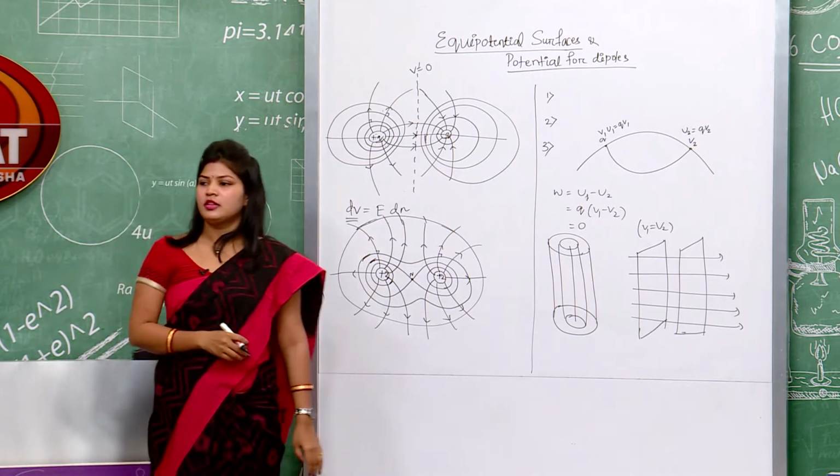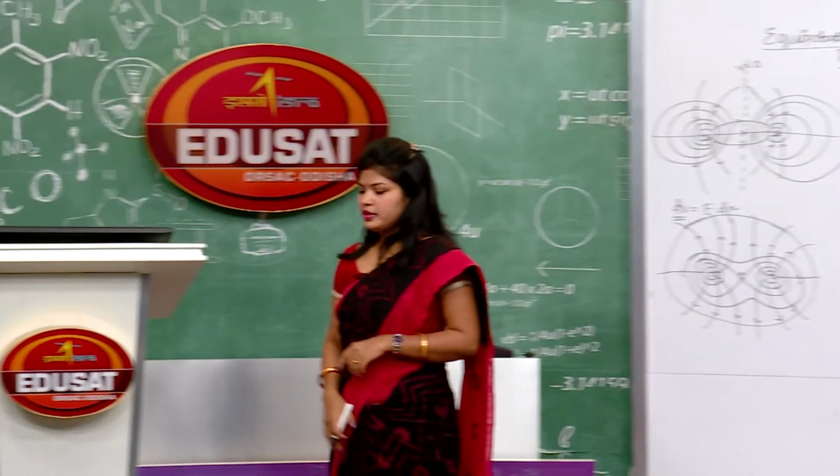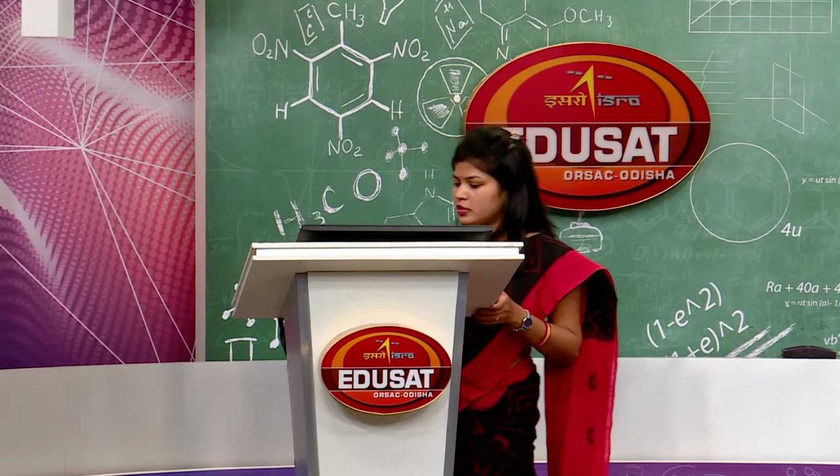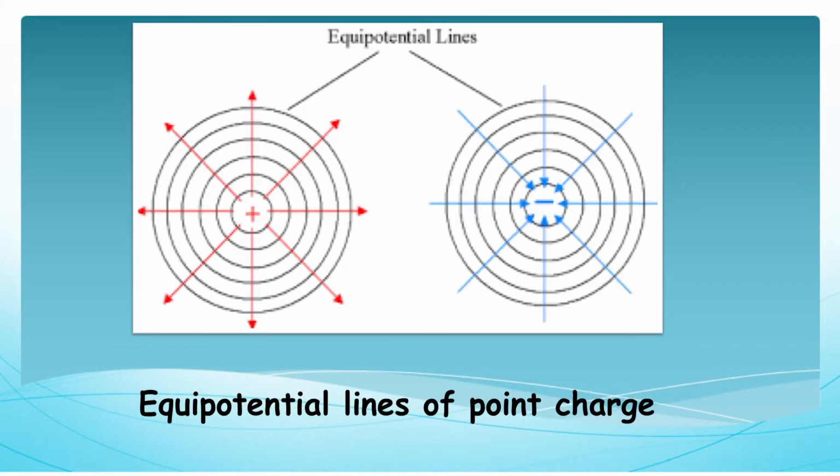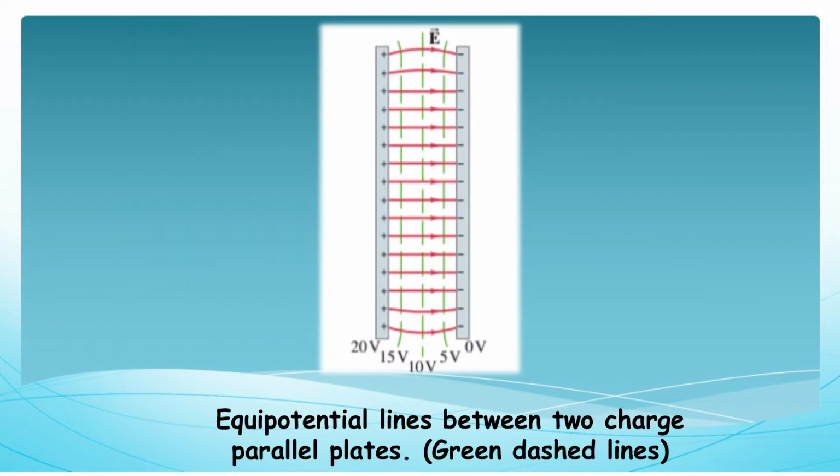Now, let us see the figures in the slides, the different shapes of equipotentials. Here are the equipotential lines of a point charge, and here are the equipotential lines between two charged parallel plates. The green dashed lines are equipotential lines, and the red lines are electric field lines, and they are perpendicular to each other.